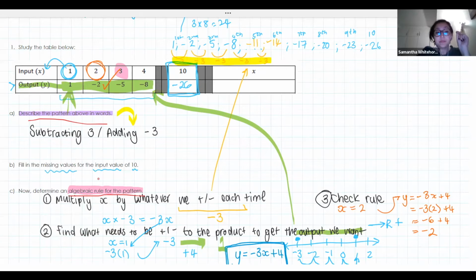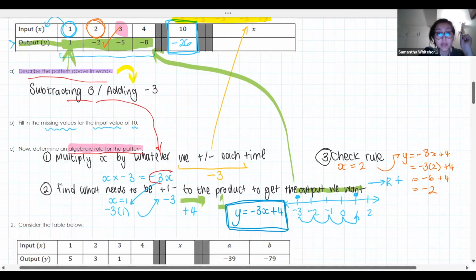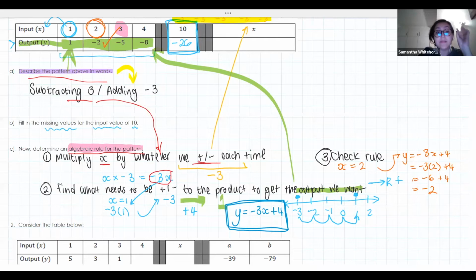Our description in words is going to help us find our algebraic rule, but it's not the same thing. That subtraction of 3 is where we start off. So that's why we multiplied the x by what we added or subtracted. That's our starting point, but there is more to it. So that's why we need to follow these steps to find our rule. But if that wasn't your question, please put it in the chat and we will help you figure out whatever it is that you're a little bit confused by.